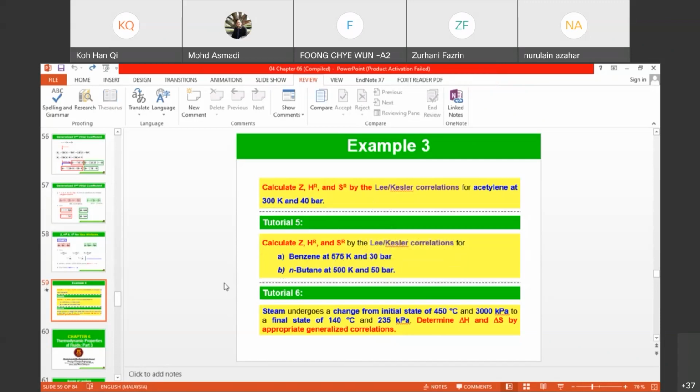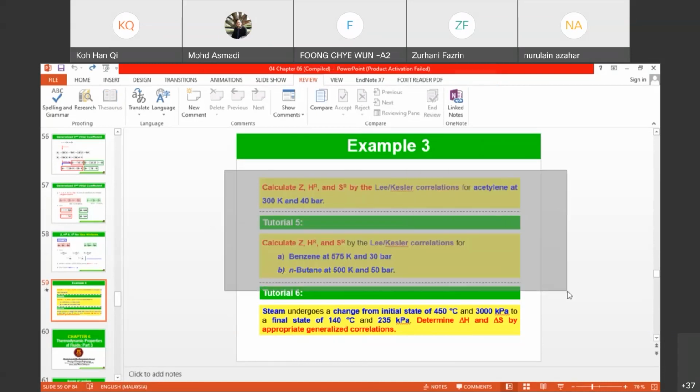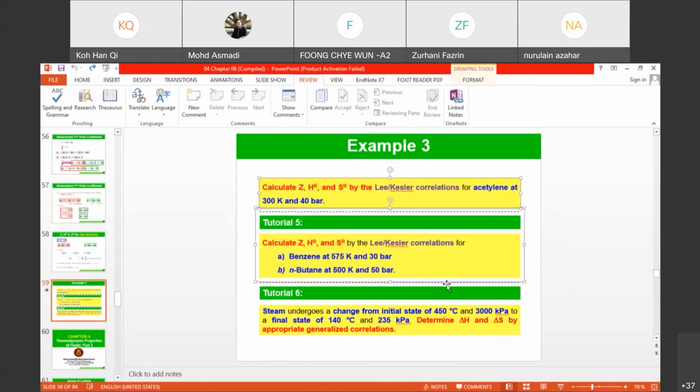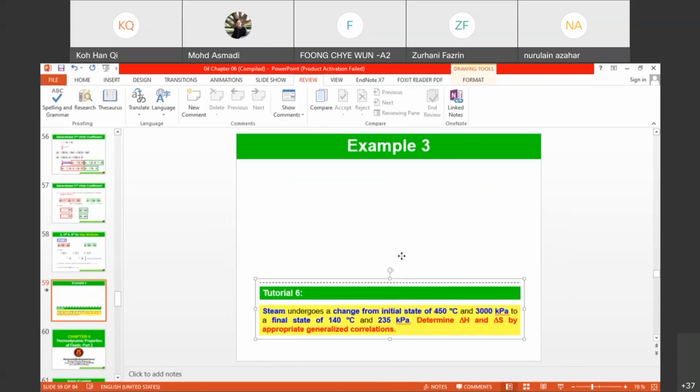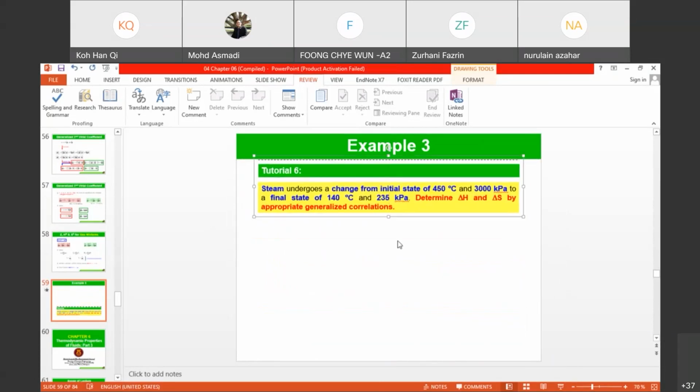Okay, let's say we do tutorial 6. Still have time, right? Okay. Steam undergoes a change from initial state 450 degrees C and 3000 kilopascal to a final state of 140 degrees C and 235 kilopascal.